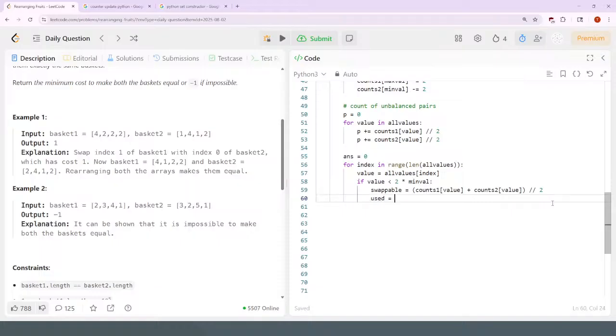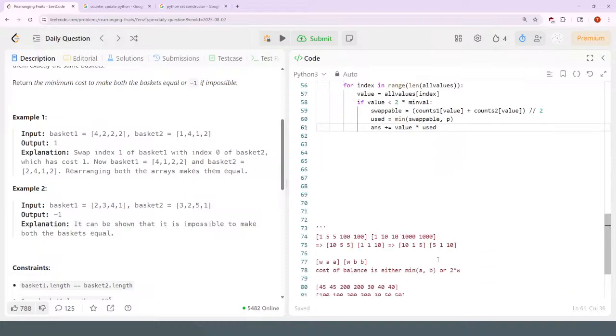Used is equal to the minimum of the swappable amount and p, because I can't swap more than p things. And then answer plus equals 2 times this value, or not 2 times this value. Each time I swap it once, so it's actually this value times used.